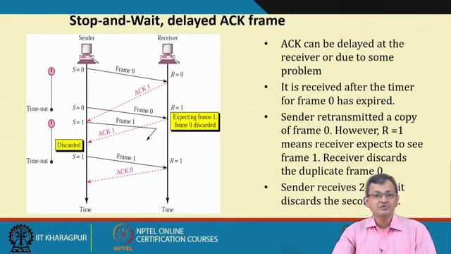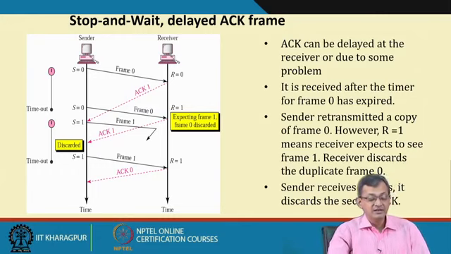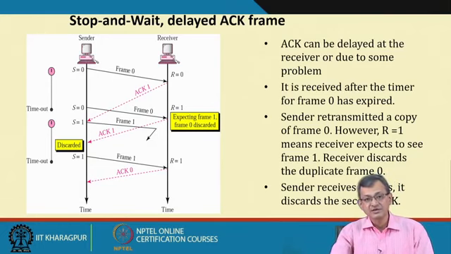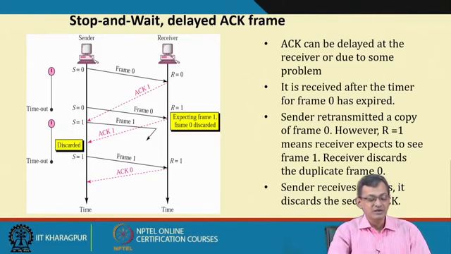Here there is a delayed acknowledgement and the sender thinks the frame is lost, so it retransmits the frame again, and the receiver discards frame 0 because it was transmitted twice. The sender receives 2 acknowledgements, the delayed one and the actual one, and it discards the second acknowledgement.